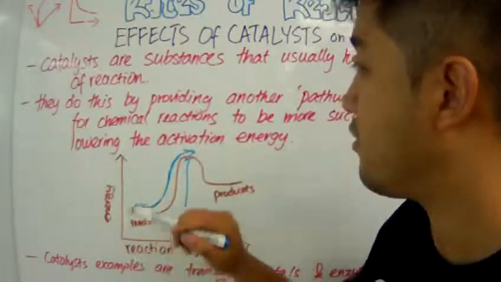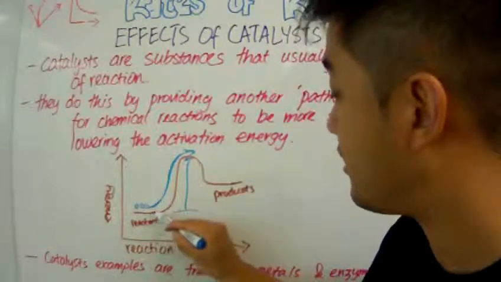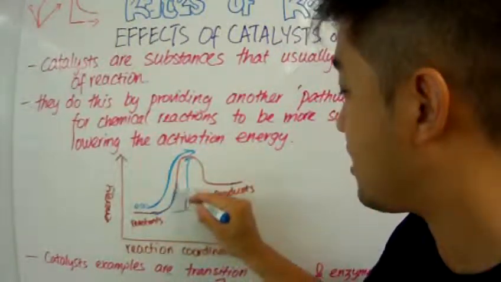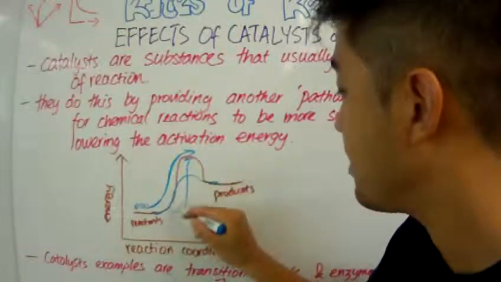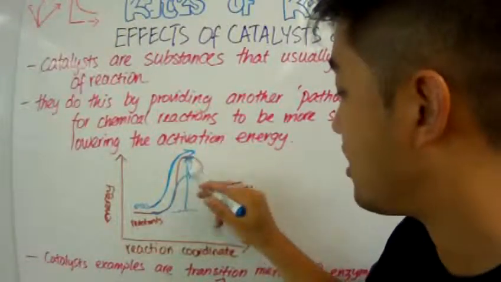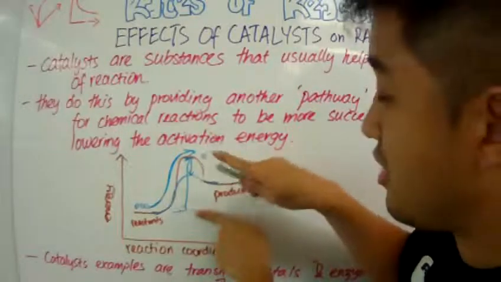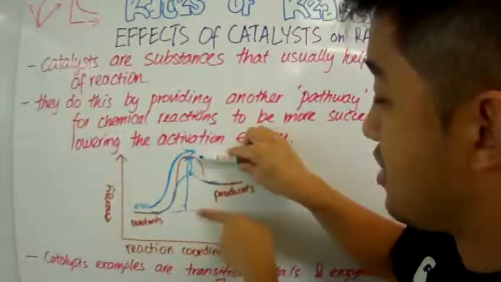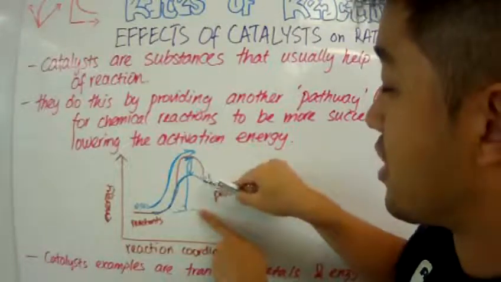And what catalysts do is to find an alternative pathway. And so the alternative pathway may say that, okay, the activation energy is this much. Okay? So you lower the activation energy from here to here. So that is an improvement. So this requires less energy to overcome, right?